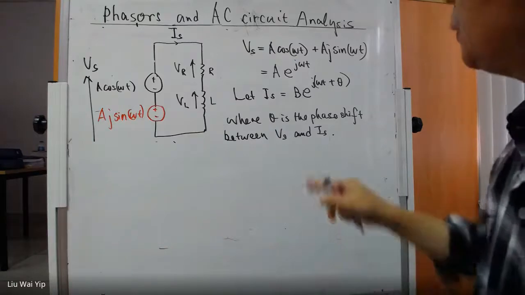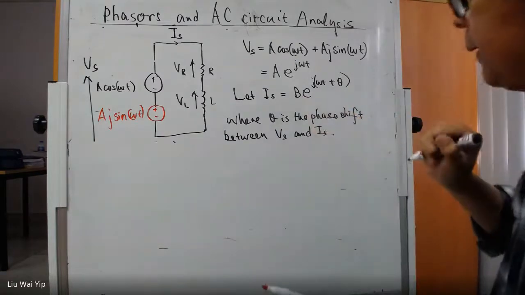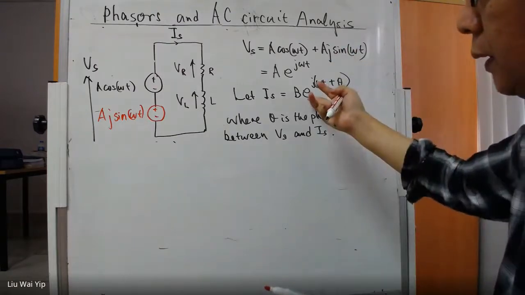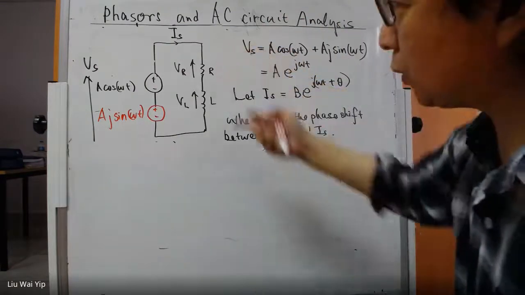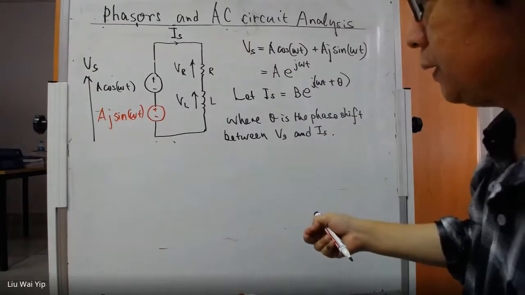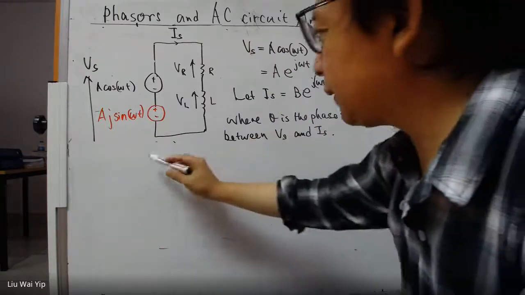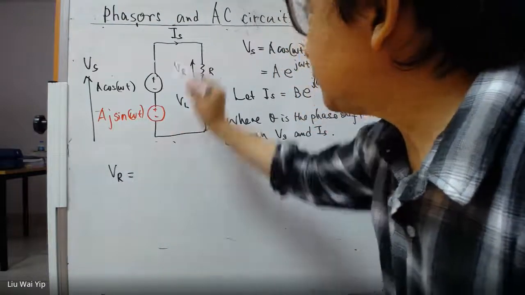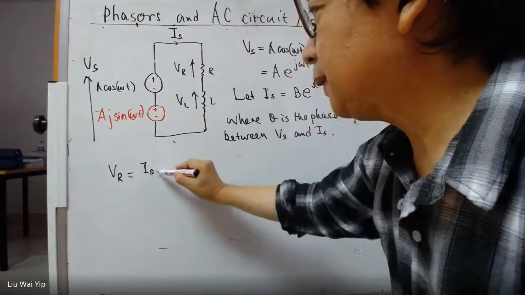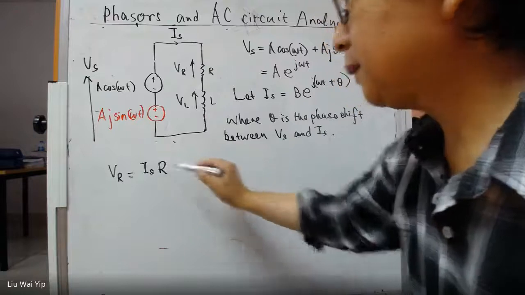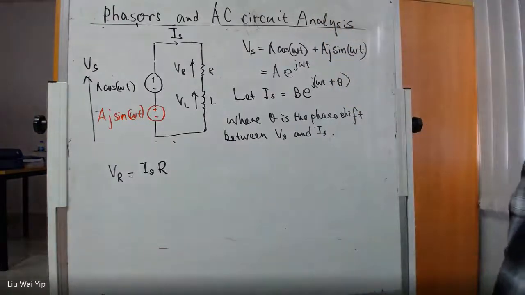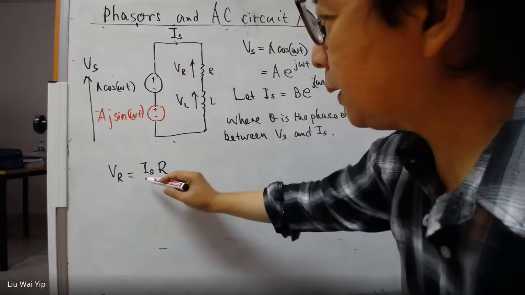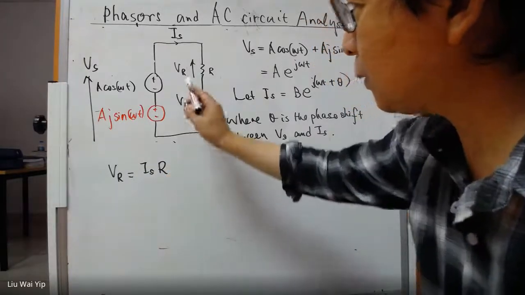Now you have the current here, and what is the voltage across the resistor? The voltage across the resistor is going to be Is times R. Everyone knows that. And how about the voltage across the inductor?